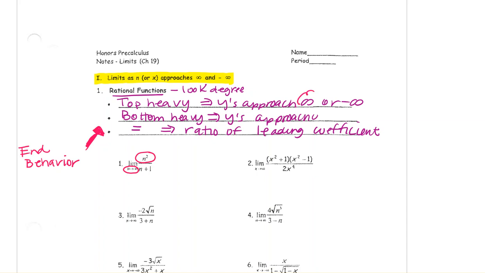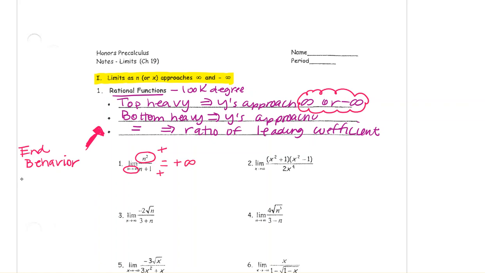When it's top heavy, the limit is either infinity or negative infinity, and you have to reason through which of those it is. In this case, if I plug infinity in for n in the numerator and square it, the top would come out positive. And if I plug infinity into the bottom and add 1, the bottom would also come out positive. So that's how I know this limit is positive infinity.